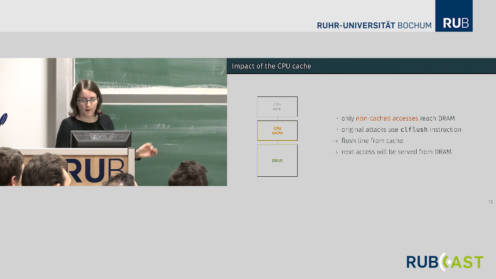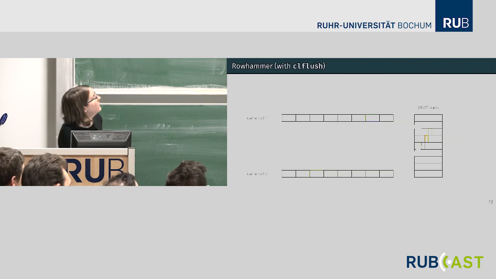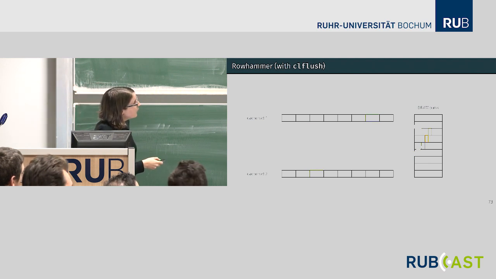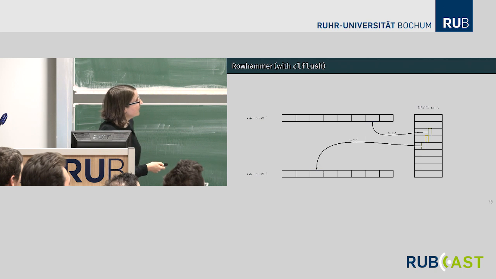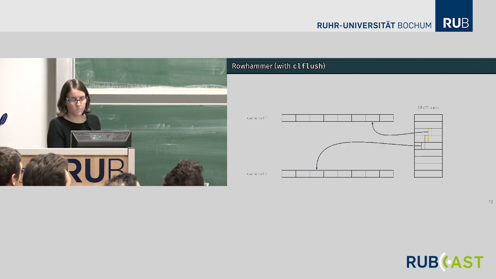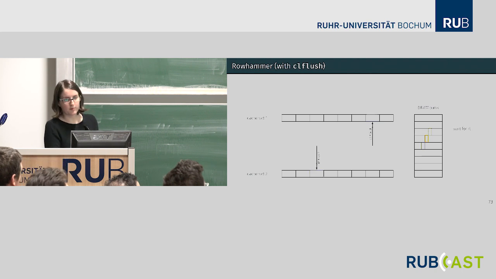It basically works like that, better with a figure. You have one access from the DRAM, it goes into the cache, and then you flush it, it's gone from the cache, and then the next access will be served from the DRAM, and so on. Flush and reload, until we have our bit flips.